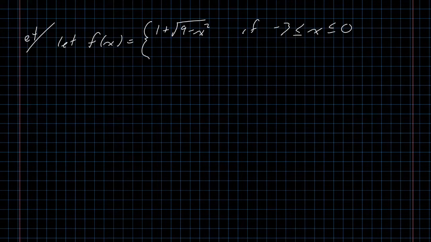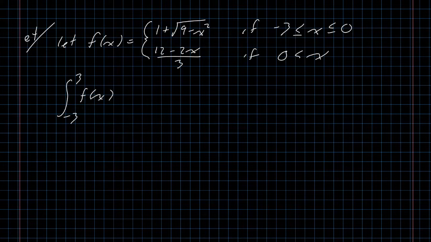And my second piece is going to be 12 minus 2x all over 3 if 0 is less than x. And I want to evaluate the integral from -3 to 3 of f of x dx.